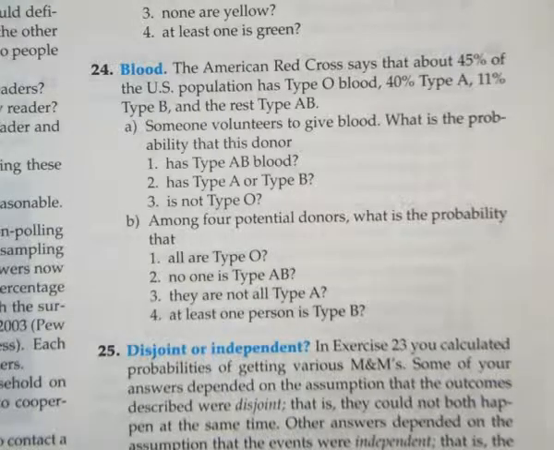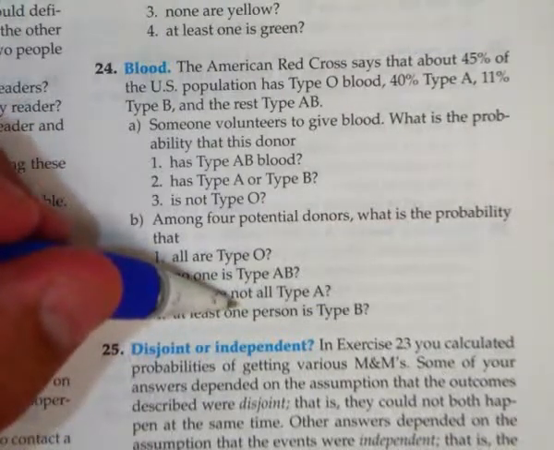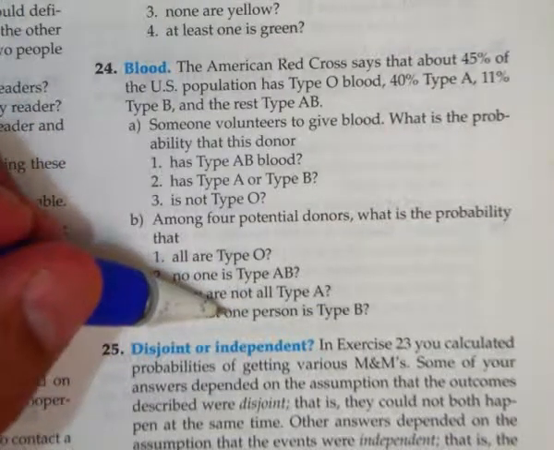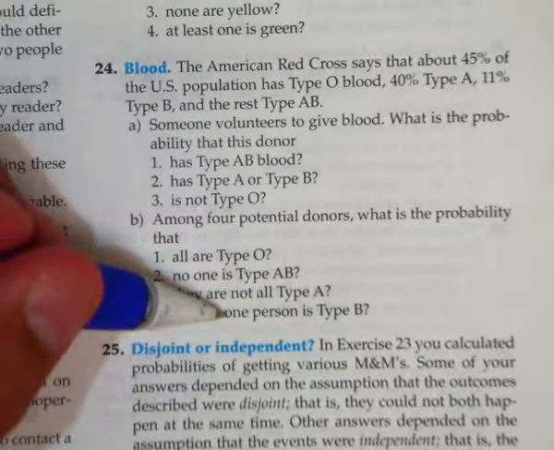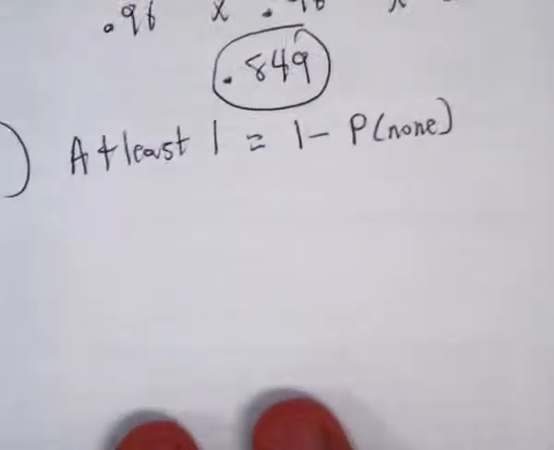What this means is that when it says they are not all type A, that means at least one is not type A. So how do we do at least one is not type A?